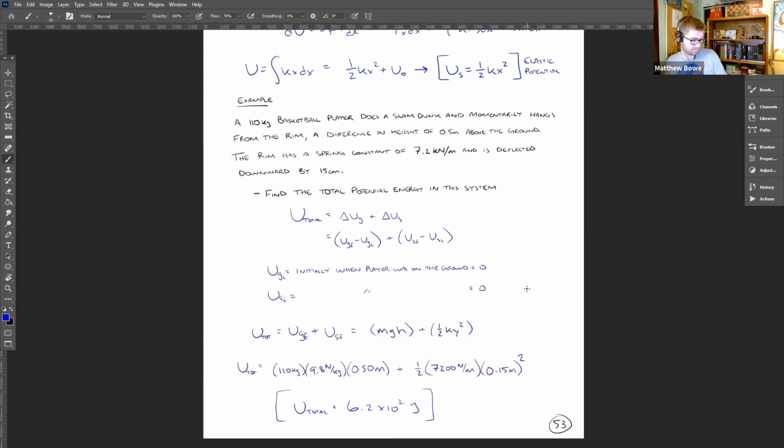All right. So hopefully we've seen from today that we can transfer between two types of energy, kinetic and potential. We could go back and forth from one to the other.